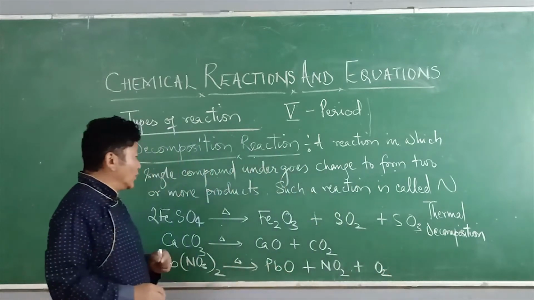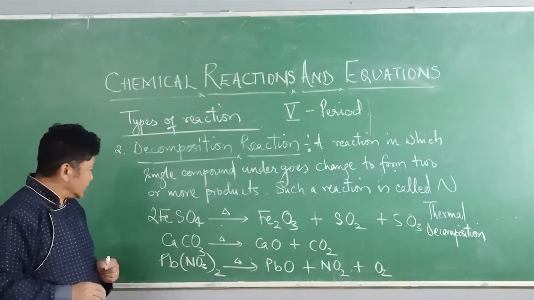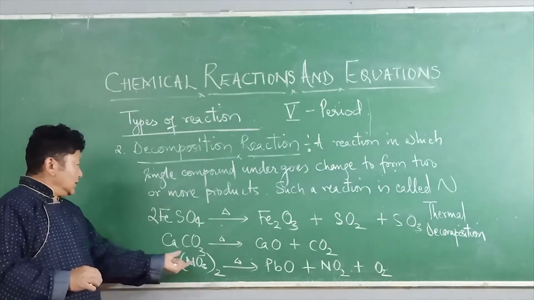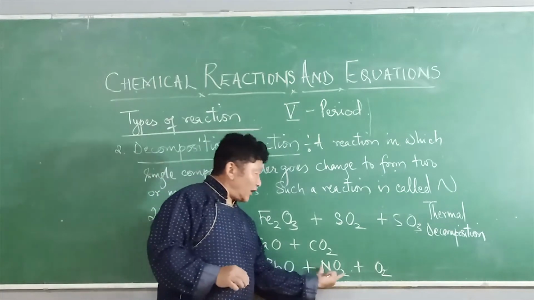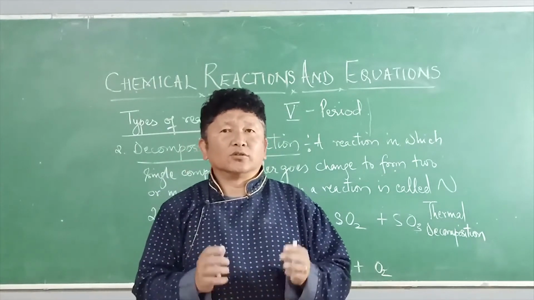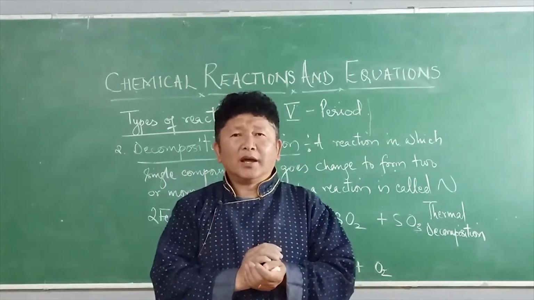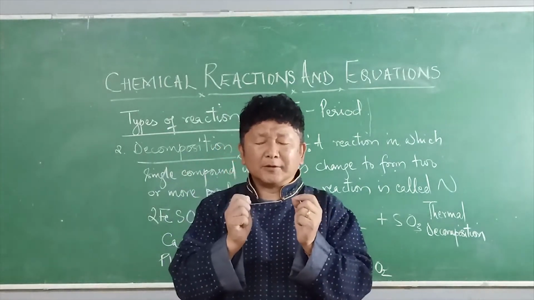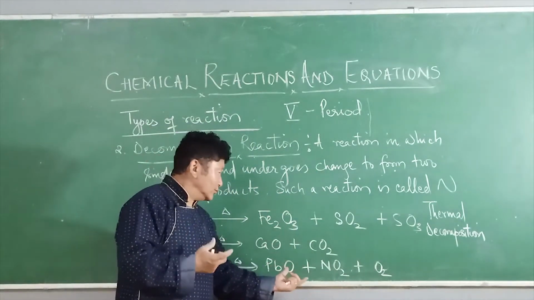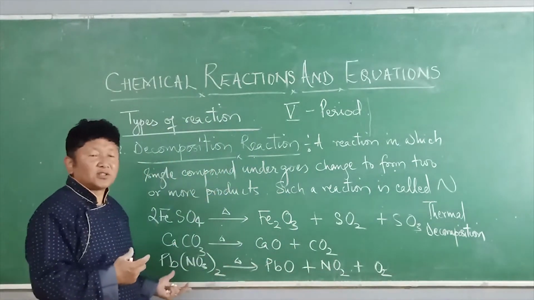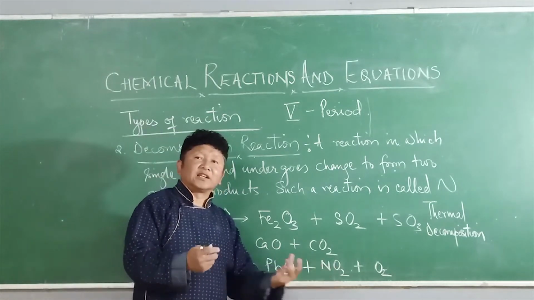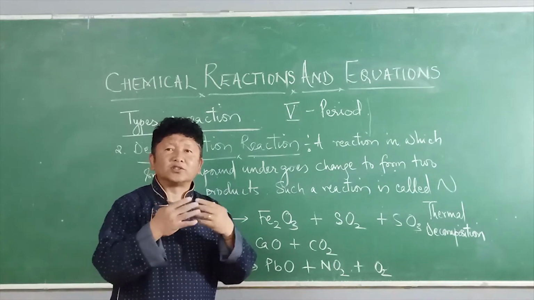And you are going to get oxygen over here. This nitrogen dioxide gives a brown fume, a particular characteristic fume that makes this reaction very important. So there is a particular brownish gas.